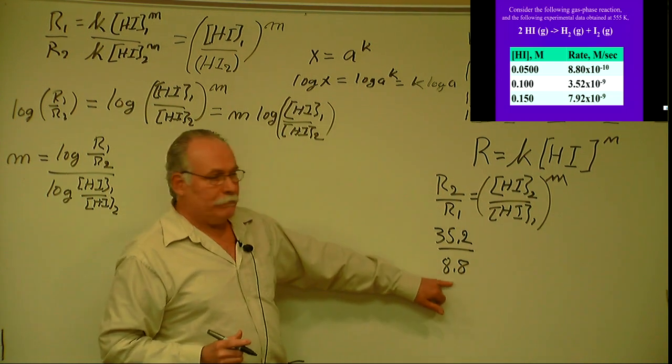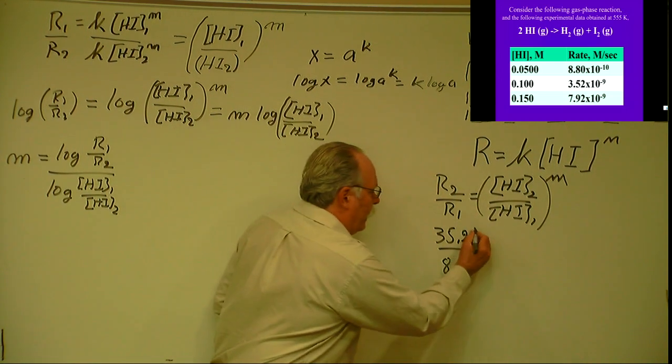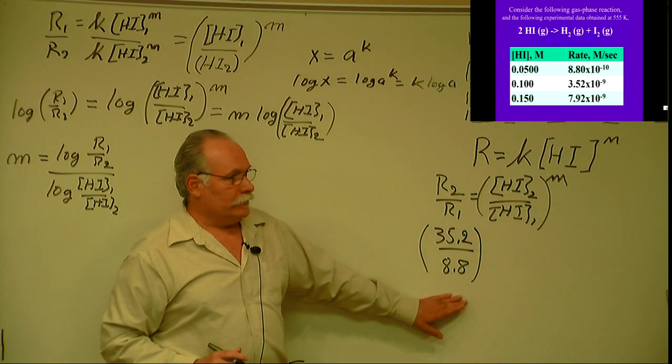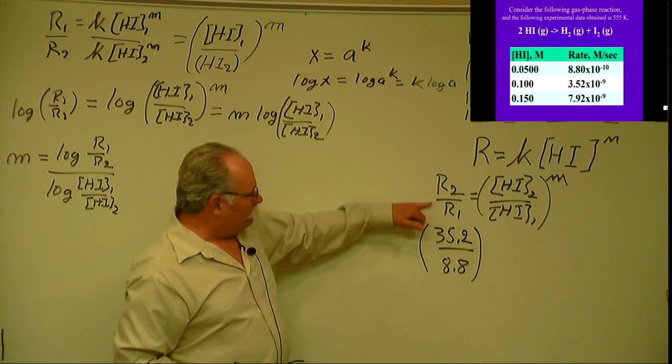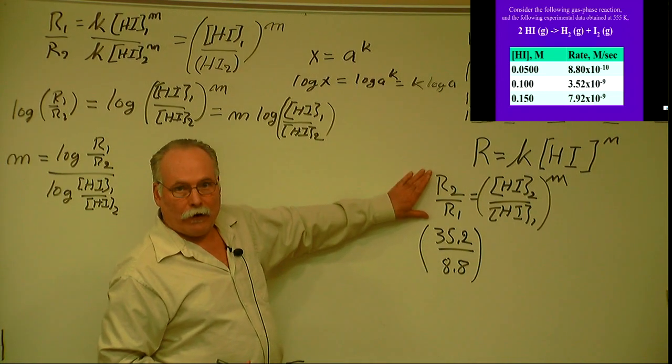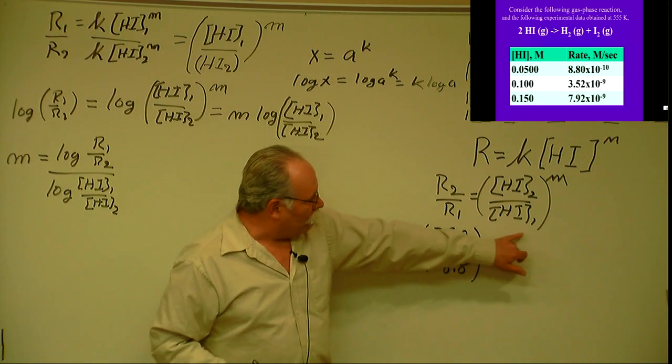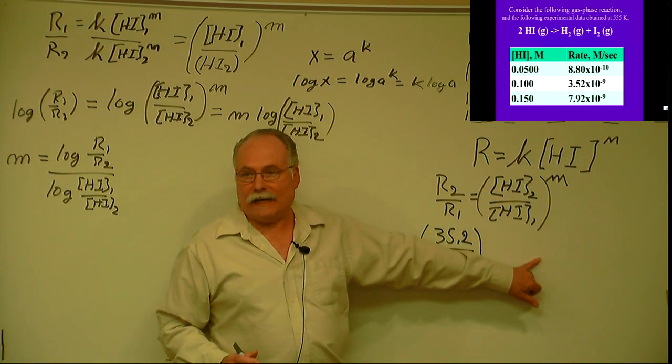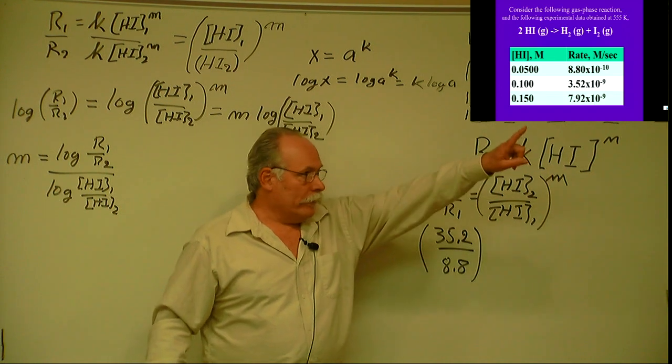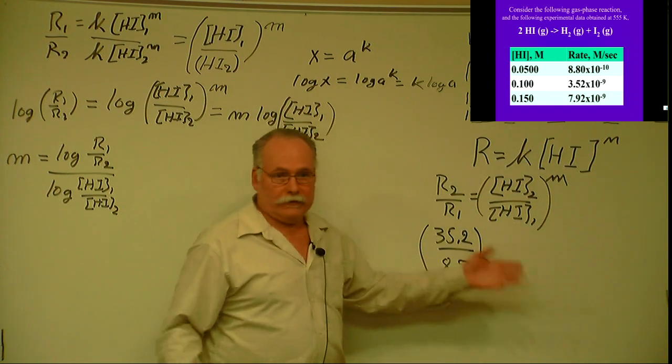If you don't understand this, pull out your calculator and try it, okay? So this is the ratio of R2 over R1. I could have multiplied each of these by 10 to the minus 10 and have the numbers on the sheet, but 10 to the minus 10 over 10 to the minus 10 is 1.